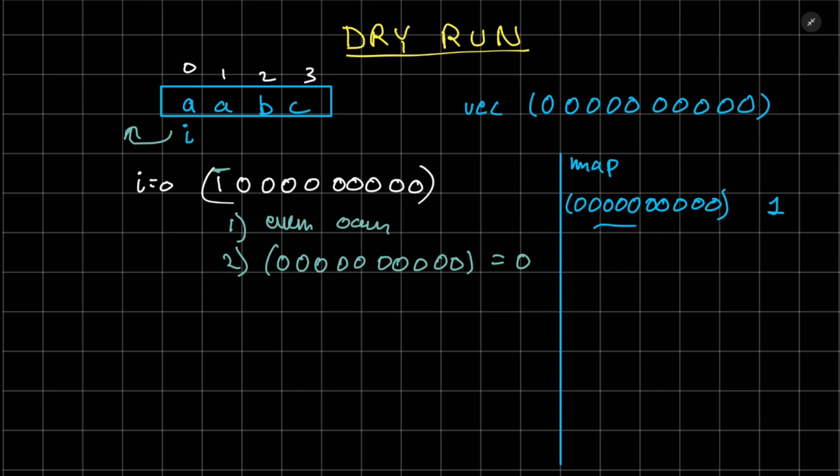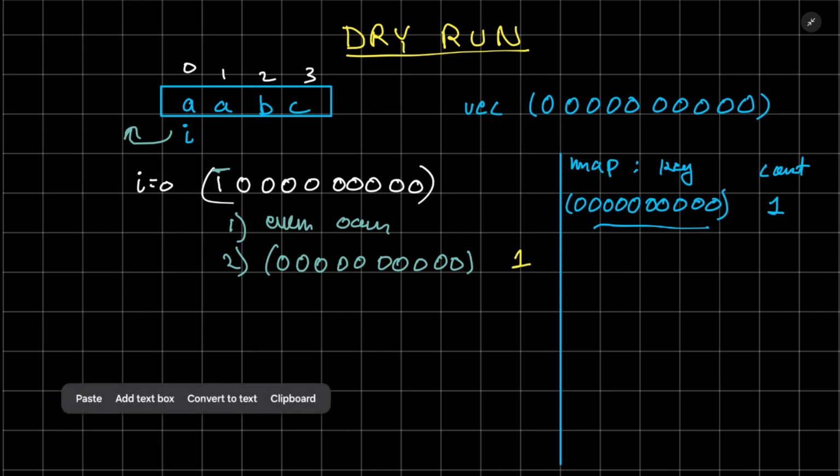This is the key and this is the count. So now count is 1, so we will add the count to the result variable. So now we have gotten as a result 1 from here. Let's make it with yellow. Now we found this vector, so we will have to add it to the current map also.